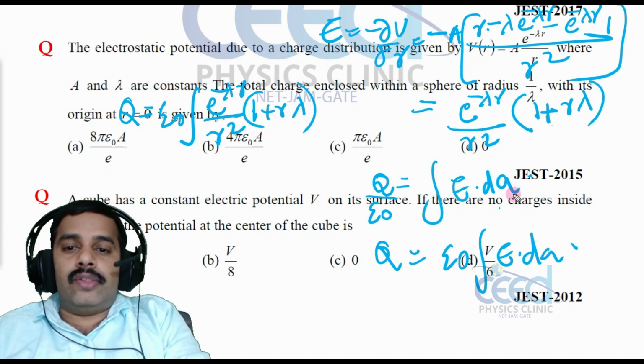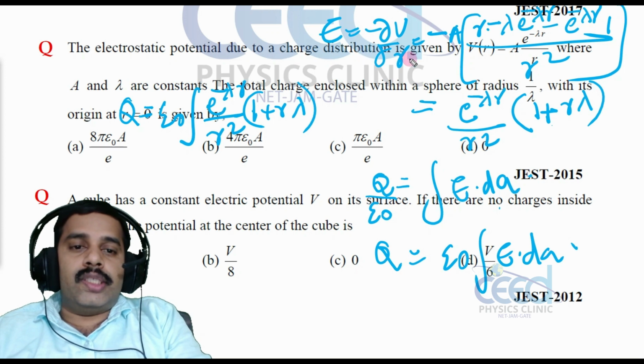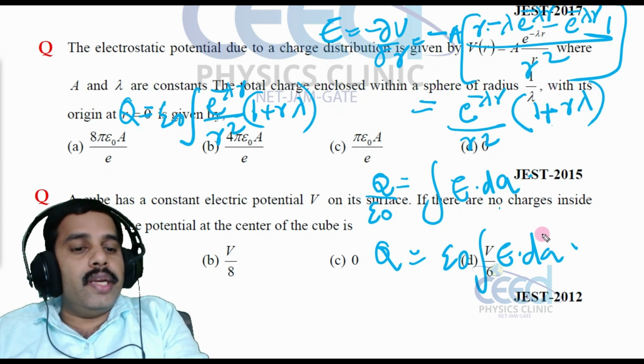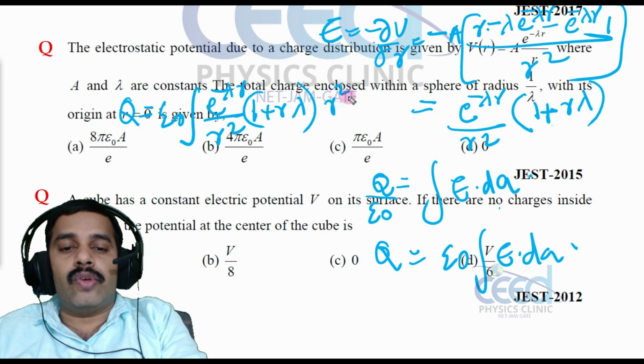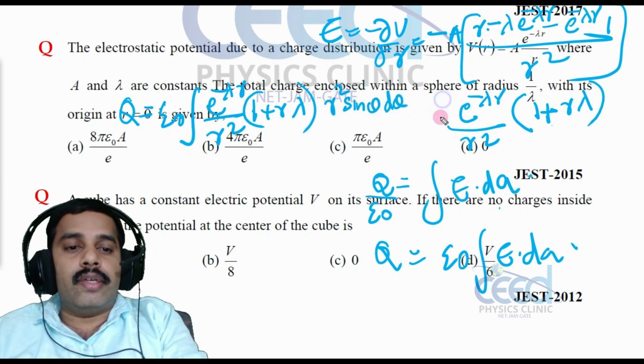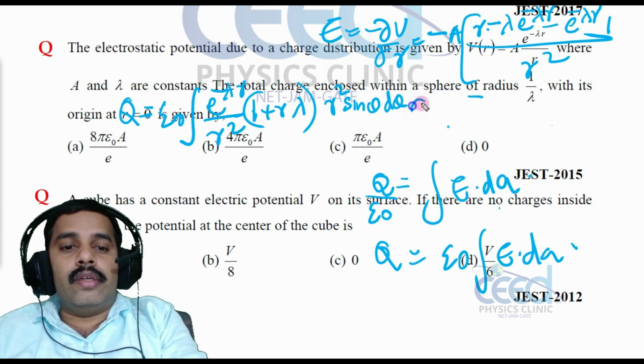What is dA? We have considered here the potential due to a charge distribution given by V of r, total charge enclosed within the sphere. What is the area element in spherical polar coordinates? r square sin theta d theta d phi, right?